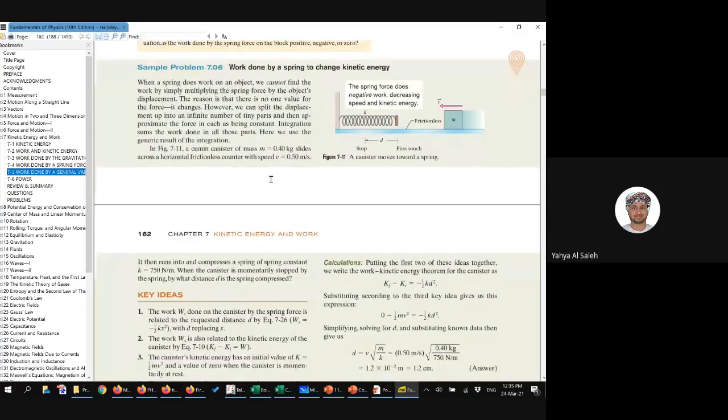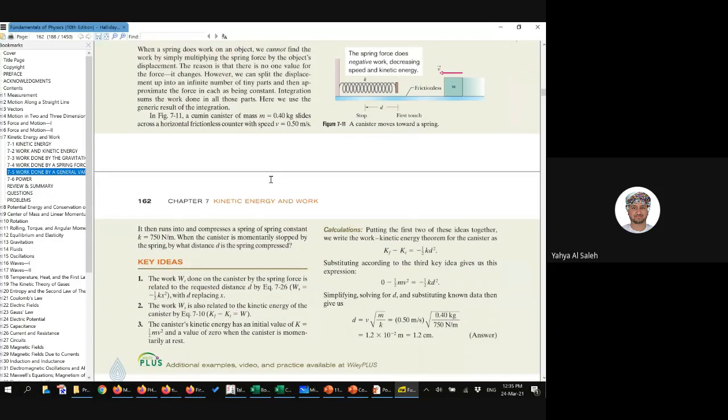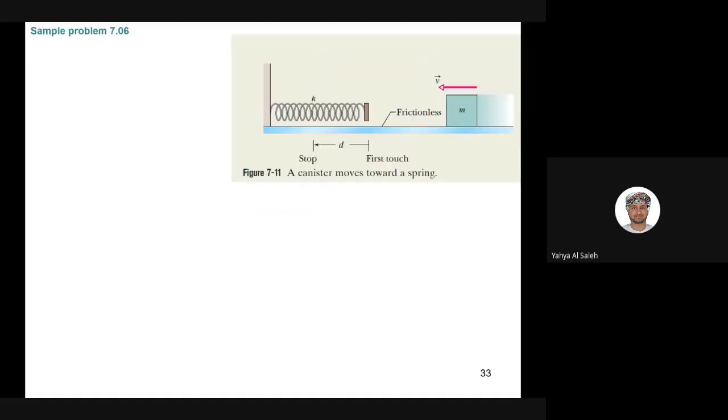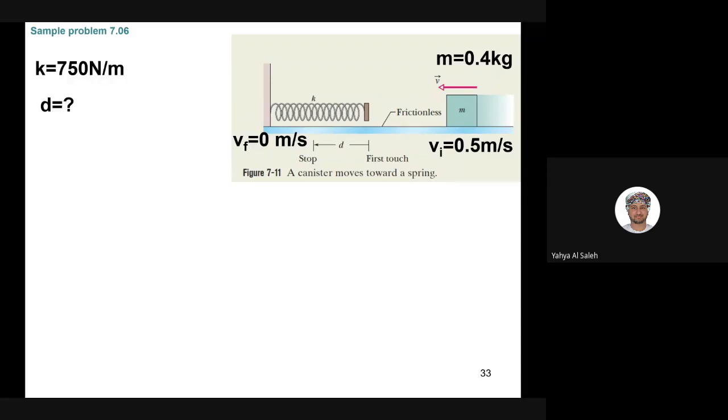And this might sound like a very, very simple thing, but I will tell you why this is a good idea once we do the problem. So initial velocity is 0.5, final velocity is 0, mass is 0.4 kilograms, k is equal to 750, and we don't know the distance of compression. What we do know is that the change in kinetic energy is equal to the work done.